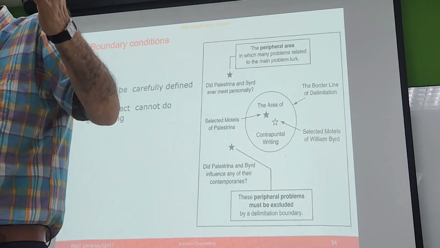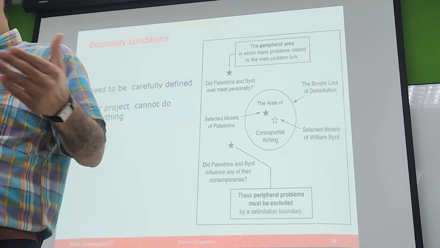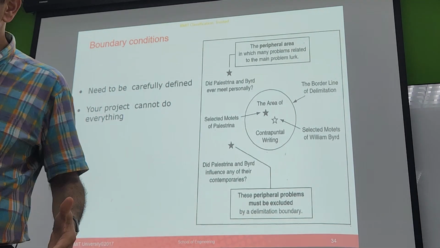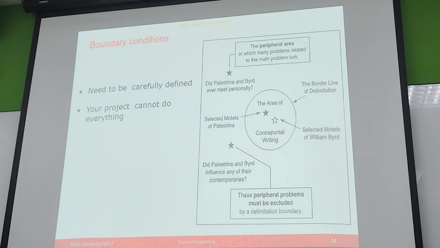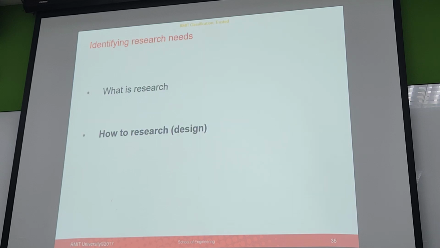You like to work on electric vehicles, but which part? Which area? Are you working on the battery, on charging, on electrification, or on the electric motor? So the border is very important to consider.